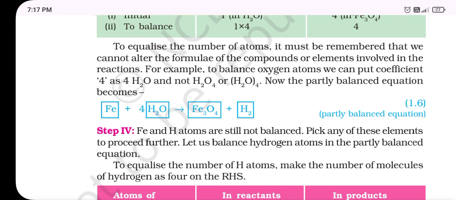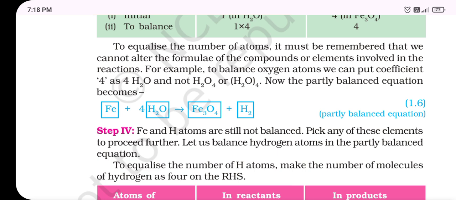To equalize the number of atoms, it must be remembered that we cannot alter the formula of the compounds or elements involved in the reactions. Yeah, this is true. Because if you put it over there, they form a different compound.